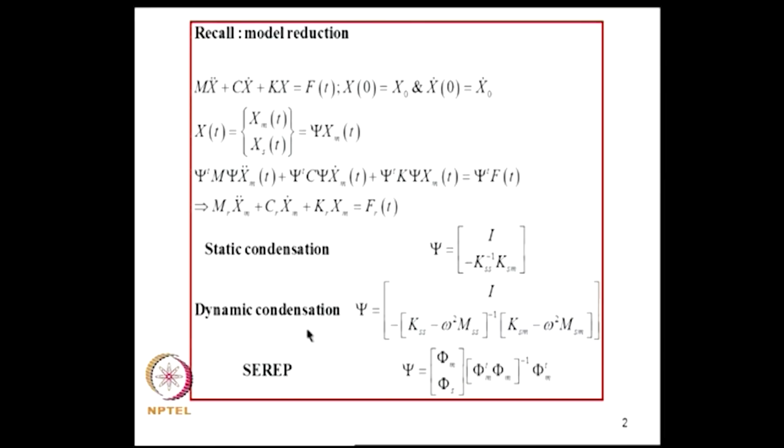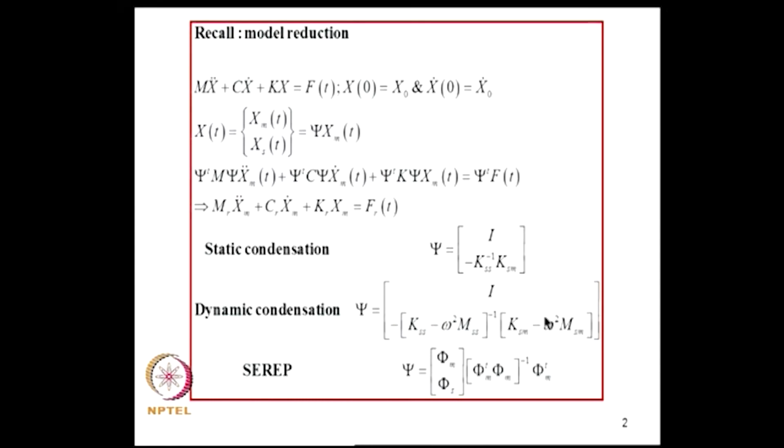In dynamic condensation, we again partition the degrees of freedom into master and slave. In addition, we specify a frequency at which the condensation is done. So, the psi matrix is given as here.